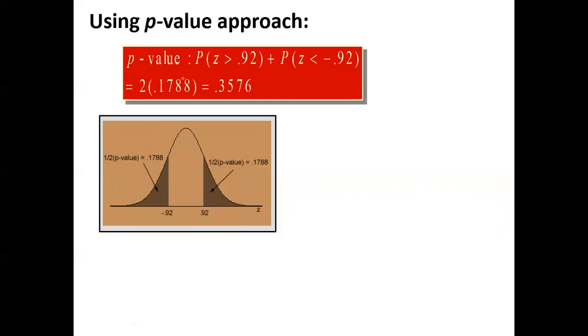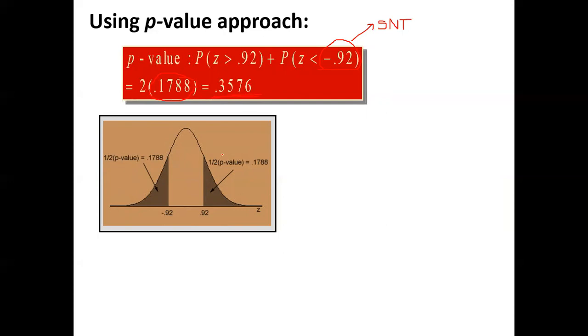When you refer to the standard normal table for negative 0.92, you will get 0.1788. Multiplying by 2, you will get the p-value of 0.3576.